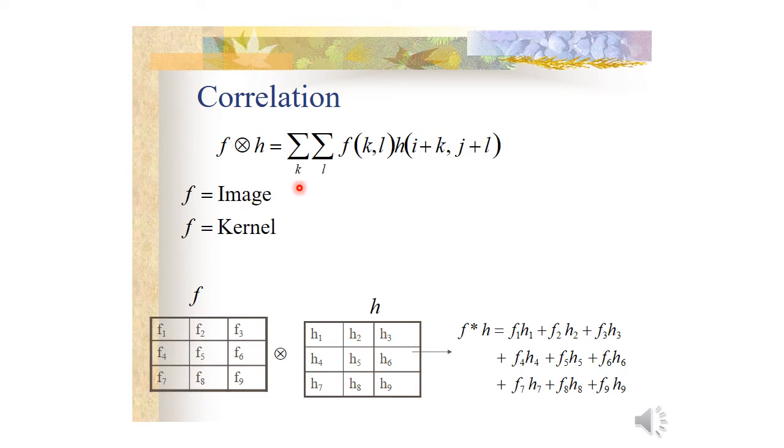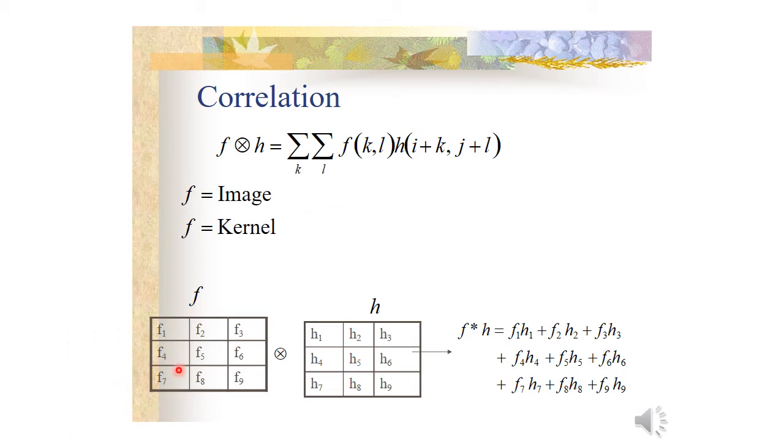So we multiply f of k, l with h of i plus k, j plus l, and we get the result. This operation is called correlation.